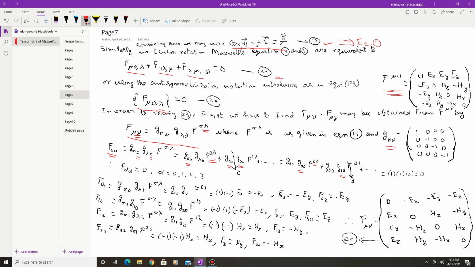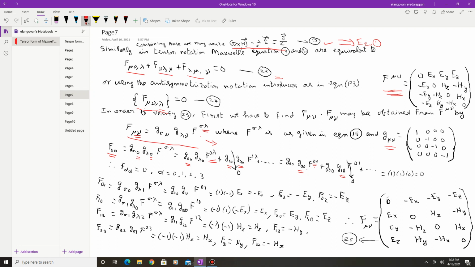So if you want to calculate f 0 0 using the expression, you have to perform the summation over sigma and lambda, and only the terms with g 0 0, g 1 1, g 2 2, g 3 3 alone will be present. All the terms with i not equal to j are 0. Therefore you have only this term, g 0 0, g 0 0, f 0 0.